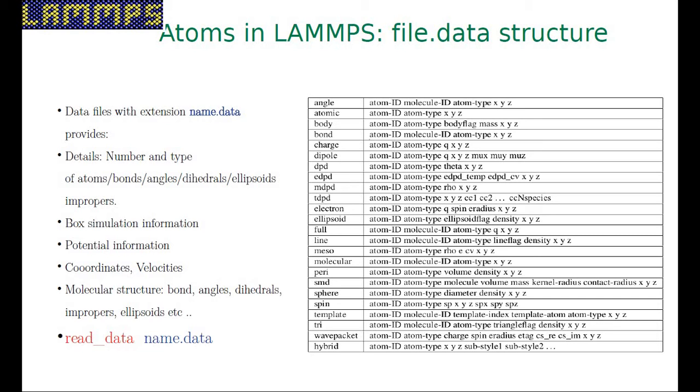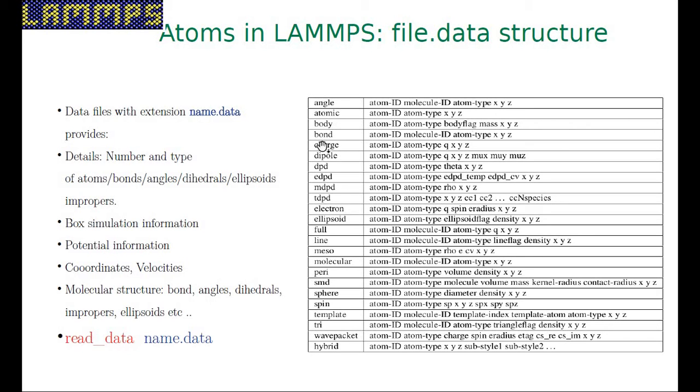For writing the .data file, for example, atomic. Atomic has the atom ID, which is an integer number, then the atom type, which is an integer number also, and then the coordinates of the atom.